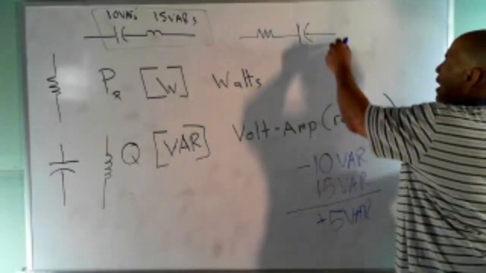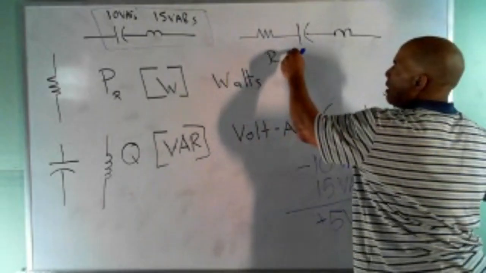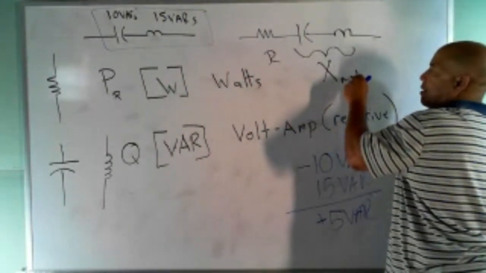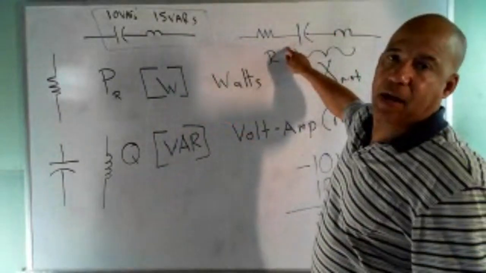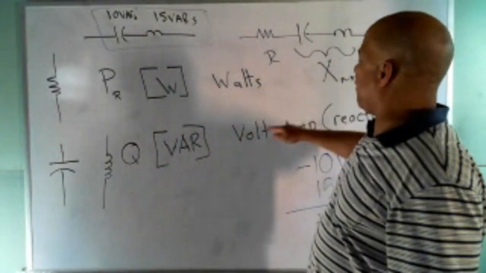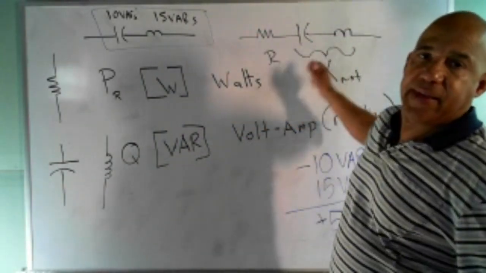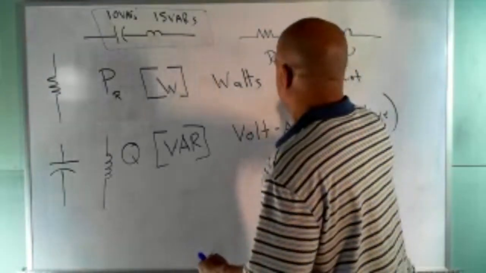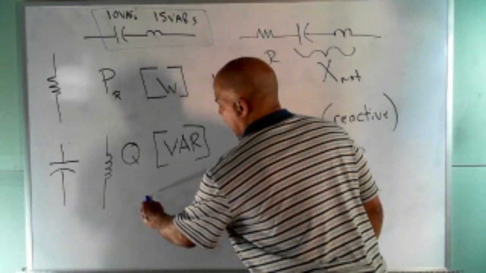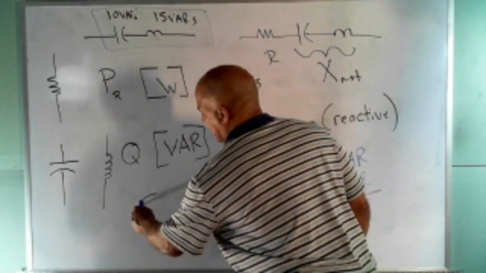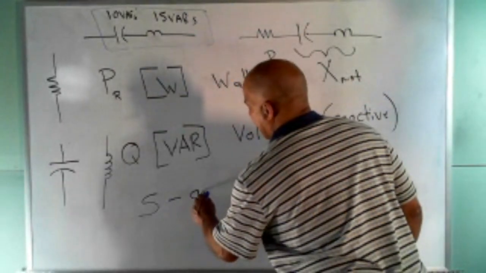If I have some R and some X net, then it wouldn't be watts, because some of it participated, but not all of it. It wouldn't be VARs, because some of the power is borrowed, but not all of it. It's a mixture of the two. So if I have a combination, they use the symbol S, and S is called apparent power.